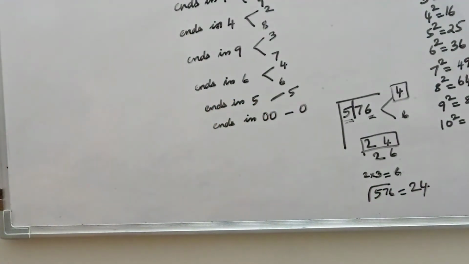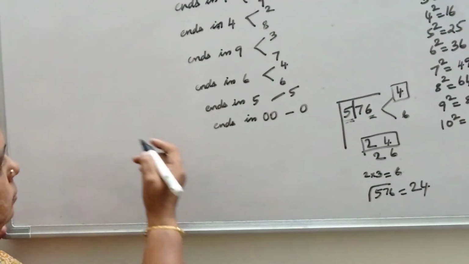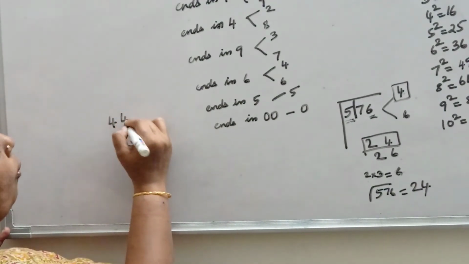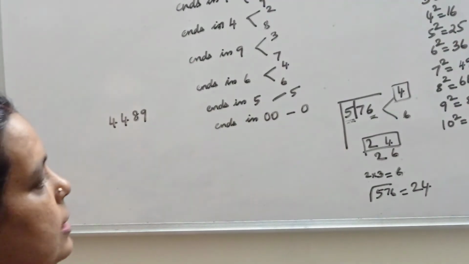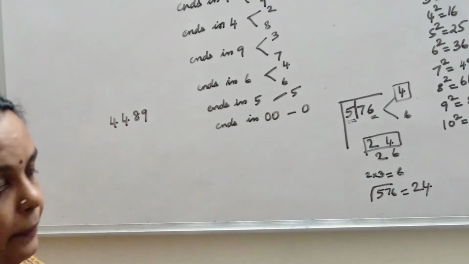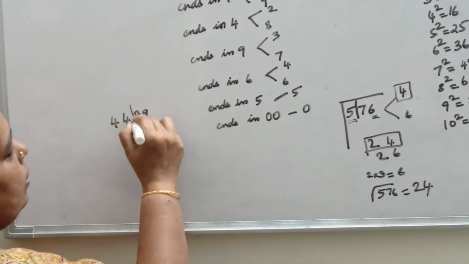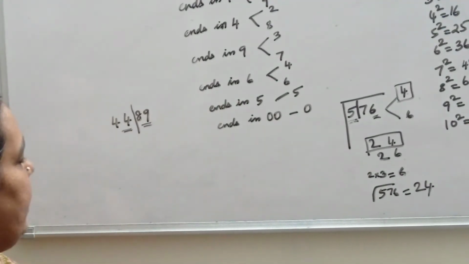Shall we do one more sum to find the square root with this method? 4489. This is a 4-digit number. Previously we saw a 3-digit number. We are going to divide this 4489 into 2, with 2 digits on this side and 2 digits on the other side.